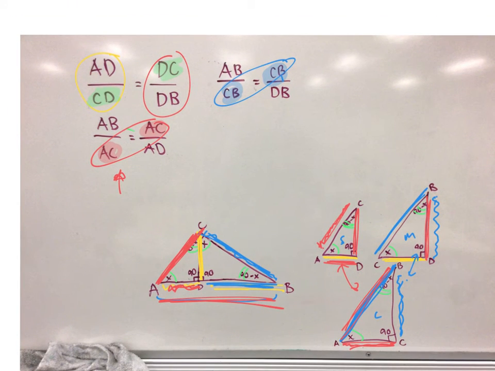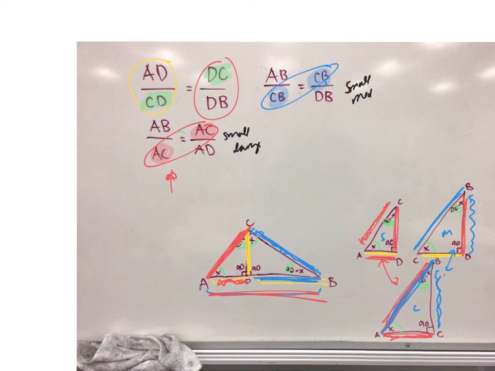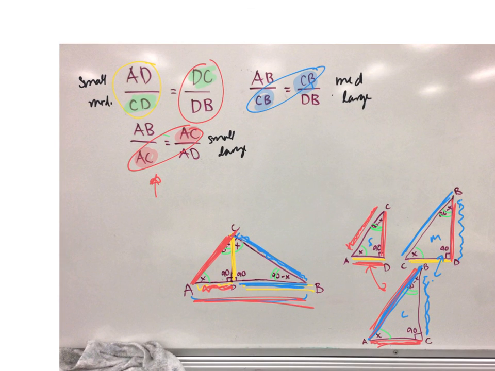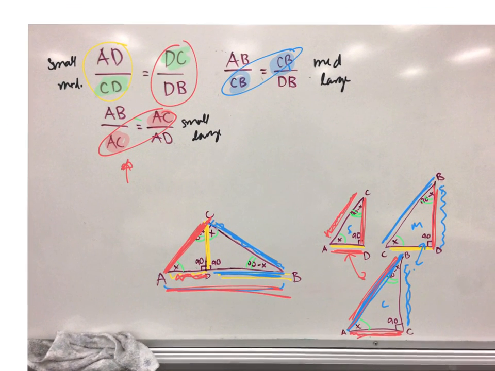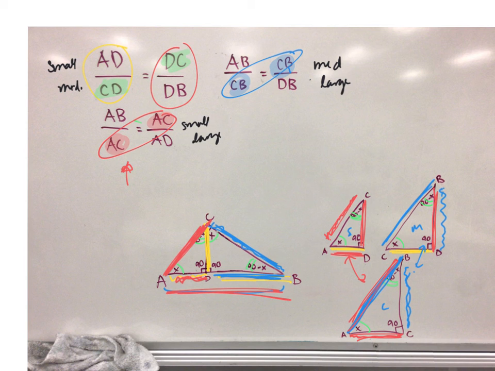So we've got small and medium triangles here, and we've got small and large triangles here. And this was the, oops, I think I did that wrong. I think this one was the medium and the large triangles. Sorry about that. And the original one was the small and the medium triangles. And that's another way to look at it. So it's a lot just because I've got three of them going on, but hopefully that helps a little bit as we walk through that, and maybe gives you an overview of what's happening here.